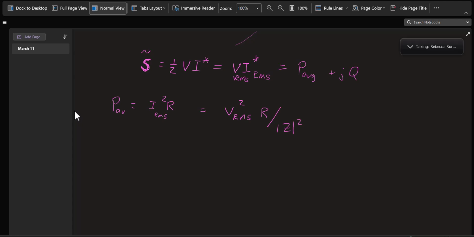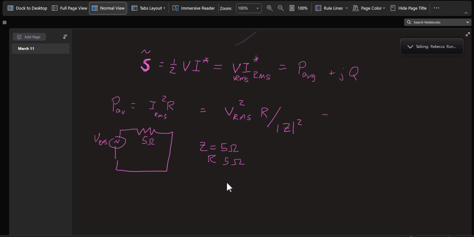So let's say I needed to compute the average power of something that was purely resistive. So if it's purely resistive, like if I had 5 ohms here, and I've got my V RMS here, then Z is 5 ohms and R is 5 ohms.